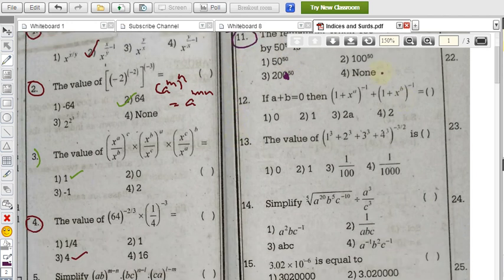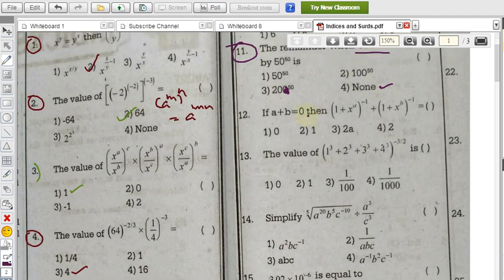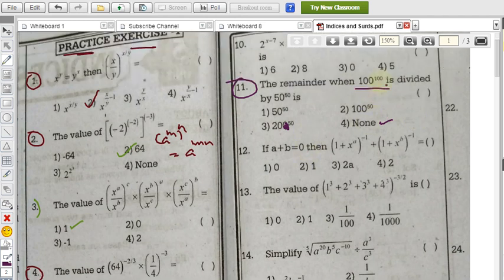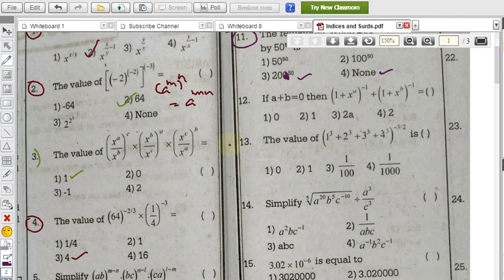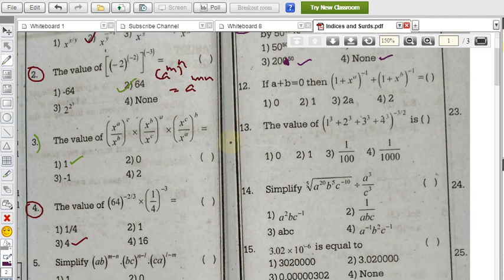Now there is none, so the question has a printing mistake. Actually if you take 200 to the power 100, you'll get 200 to the power 50. Whatever the question, we should make the bases the same to make the values equal.